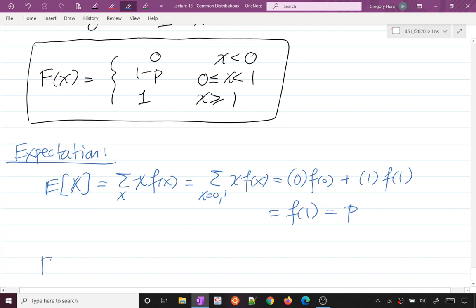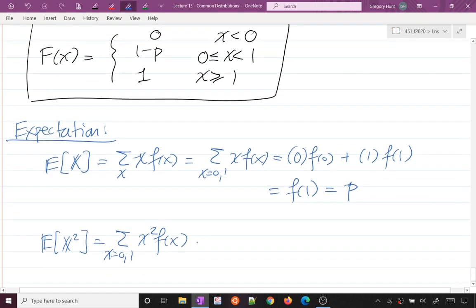And in fact, I could play this game and look at the expected value of x squared, which is the sum over x in 0 to 1 of x squared times f(x). But this is just 0 squared times f(0) plus 1 squared times f(1), which is still just f(1), which is p.